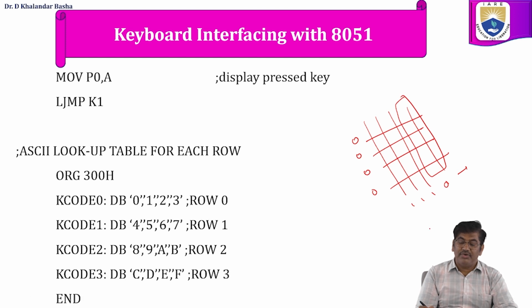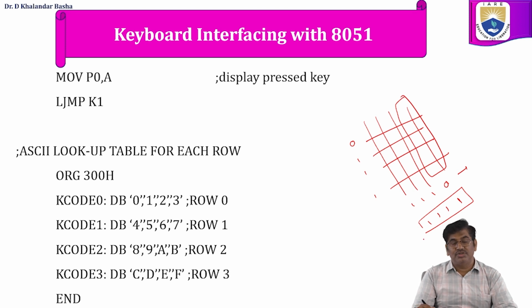To identify which key is pressed, the row values are first given as 0 and the remaining values kept as 1. Again we read the columns. If this key is not pressed, it reads 1 and the remaining bits are also 1. So we end up with 0000 1111 in the accumulator and compare with 0FH. If these two are equal, it indicates this row key is not pressed.